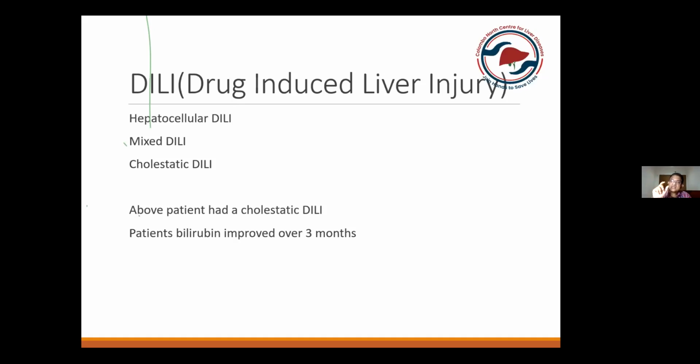Just because your transaminases are elevated, there is no indication for the use of N-acetylcysteine when there is no acute liver failure. So N-acetylcysteine should be reserved for patients with acute liver failure, that is hepatic encephalopathy, any grade, and INR of more than 1.5.